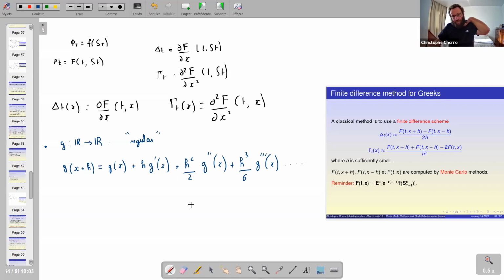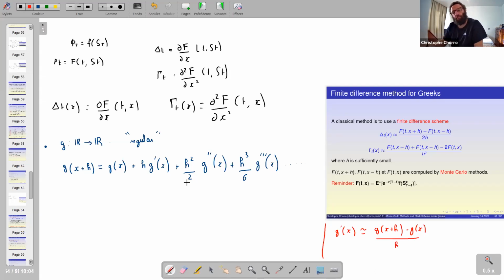It depends on the order of regularity in terms of differentiability of J, but I have this, implying that if I use a first order approximation using this formula, I can approximate J prime of x by J of x plus h minus J of x over h.